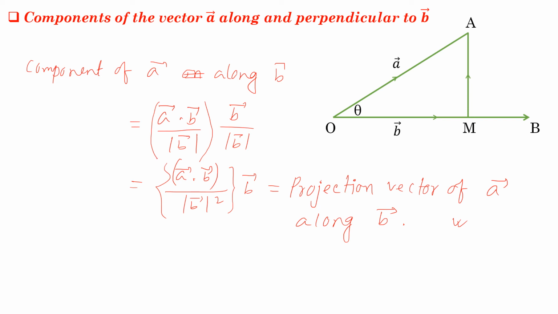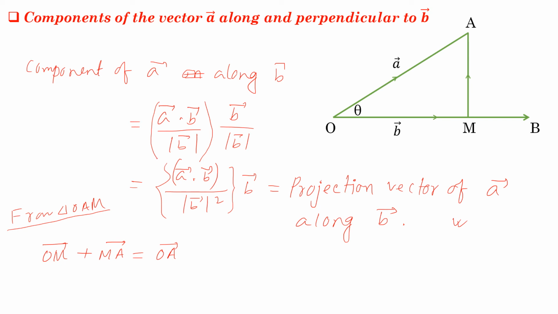That is obtained from the triangle OAM. You just observe the triangle OAM. From triangle OAM, you write OM bar plus MA bar is equal to OA bar, and among these which one is perpendicular to b bar?